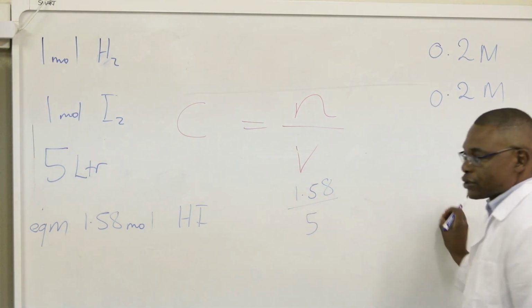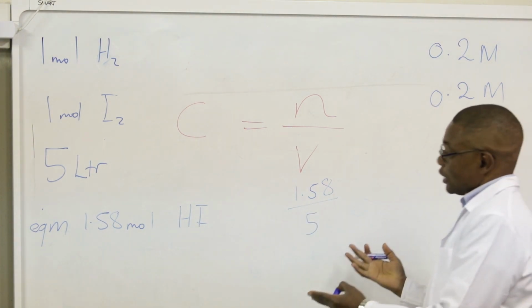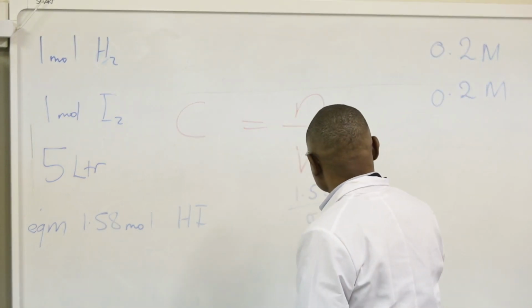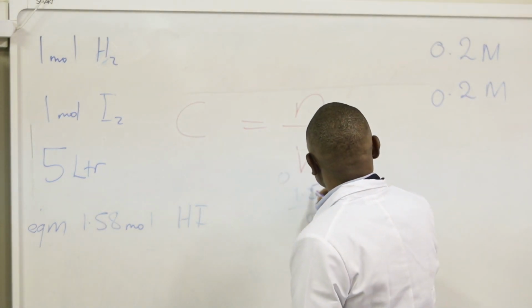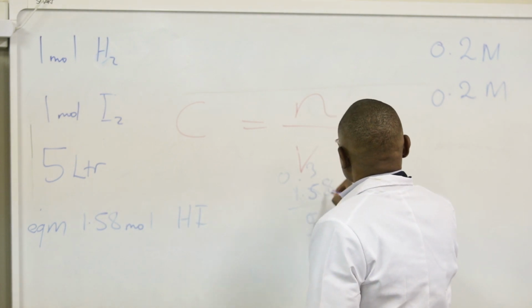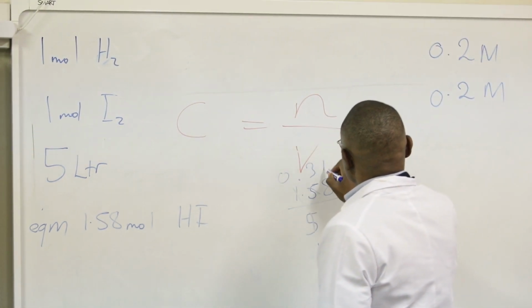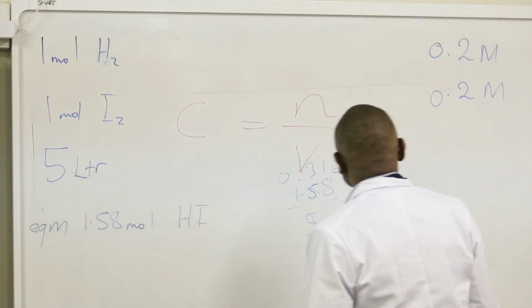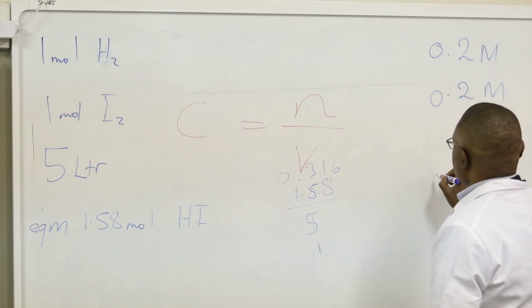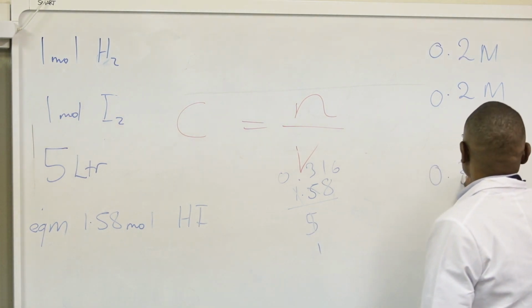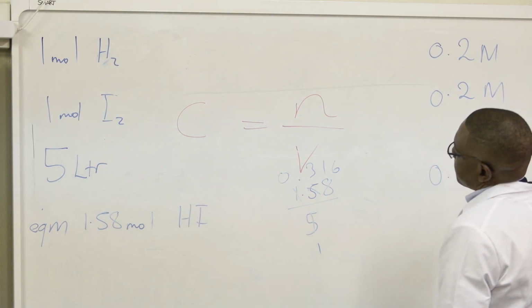How many moles of HI do we have? Let's do it by head. 5 into 15 is 3, 5 into 8 is 1, 6. So this will give you 0.316 molar.